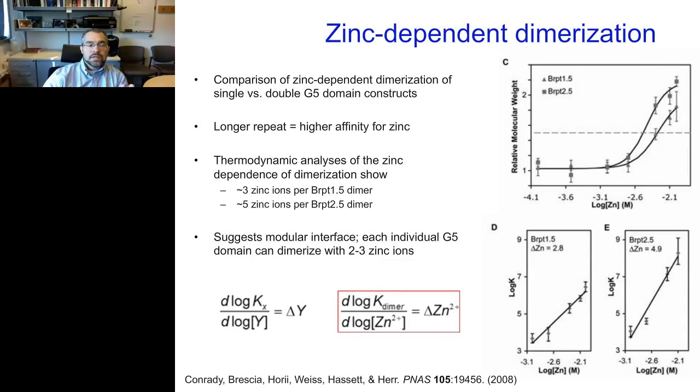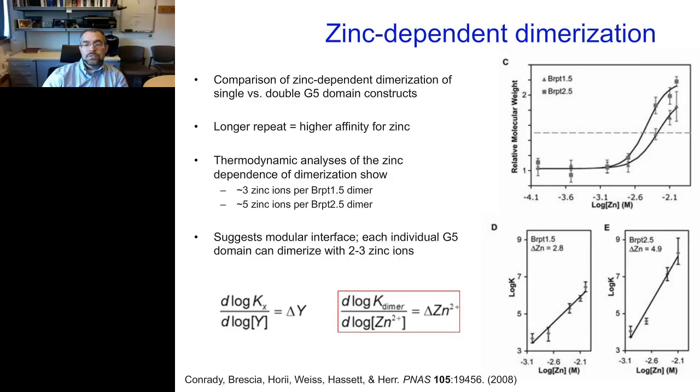You can fit this to get the equilibrium constant from sedimentation equilibrium experiments, and then take this plot where you plot the log of your equilibrium constant, so the dimerization constant, as a function of different zinc concentrations. Plot those log K values versus log of the zinc concentration, and you'll get a slope. And the slope of this linear response tells you the net number of zinc ions that were bound or released upon dimerization.